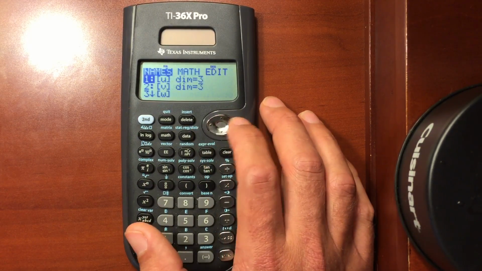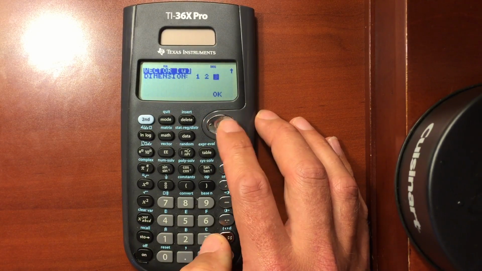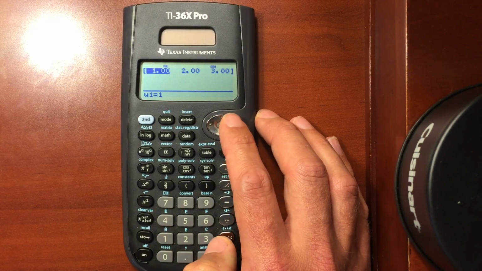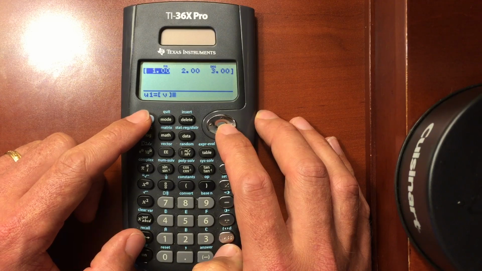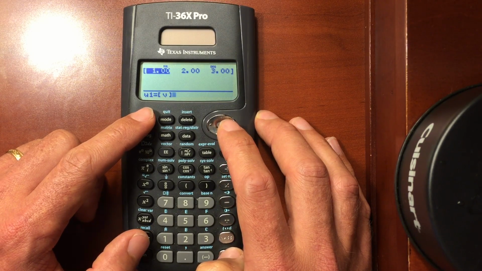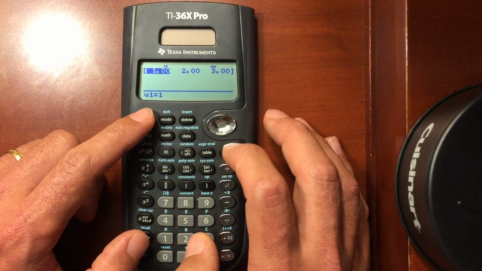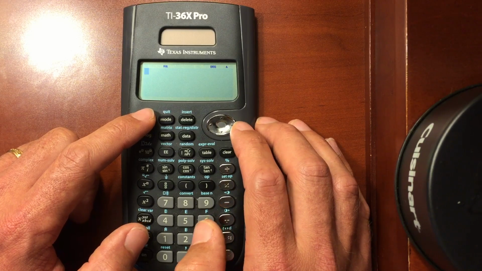So again, it's very similar to the matrix menu. We have our vectors here. There's vector V. Now if I wanted to find, here's an example of where you would have to do a lot of digging through menus.